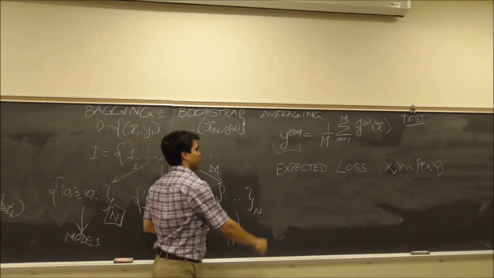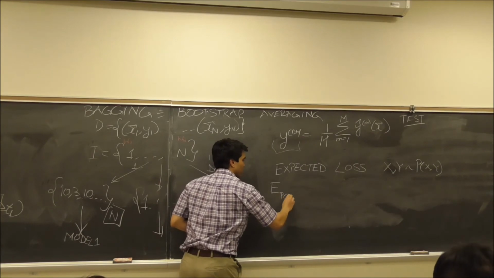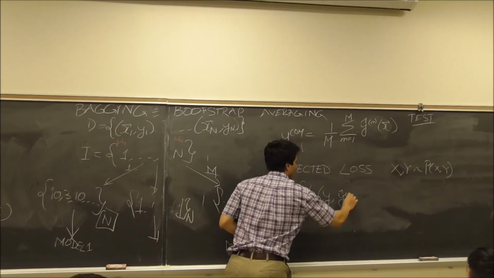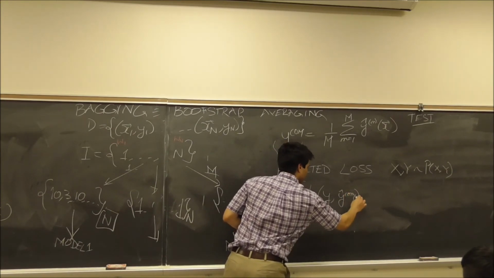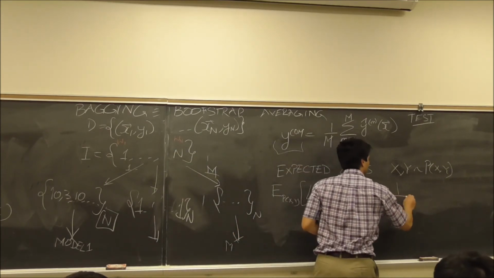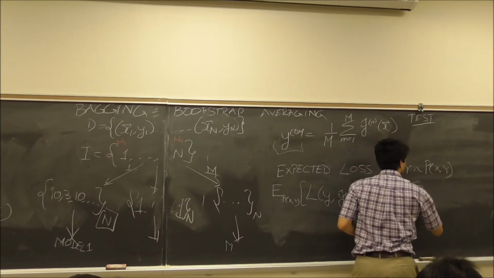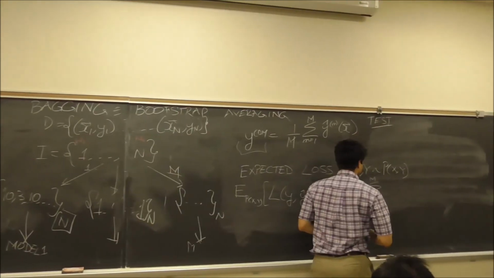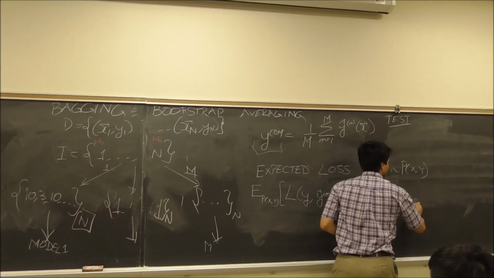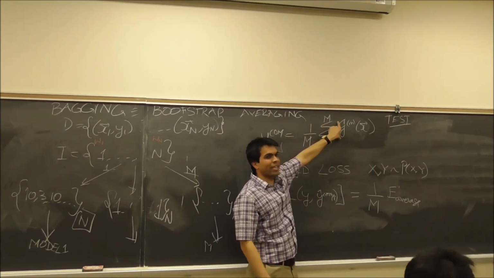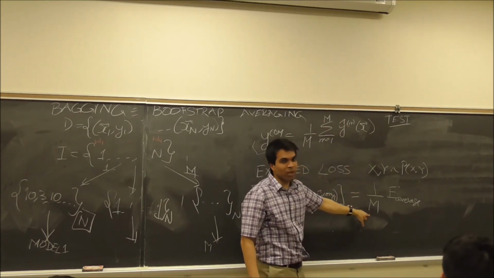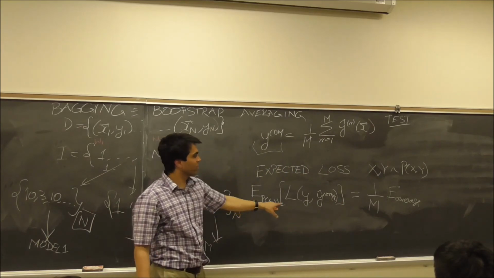The argument that I'll make is that the expected loss, some loss function of y comma y hat committee of x, is actually equal to 1 over m of the summation over m equals 1 to M of the expected loss of each model. So if each one of these is expected to make some error, if you average that and then divide it by another 1 over m factor, that's going to be the error of this committee method.